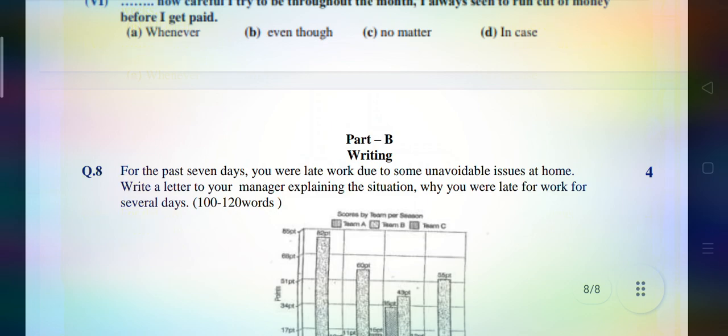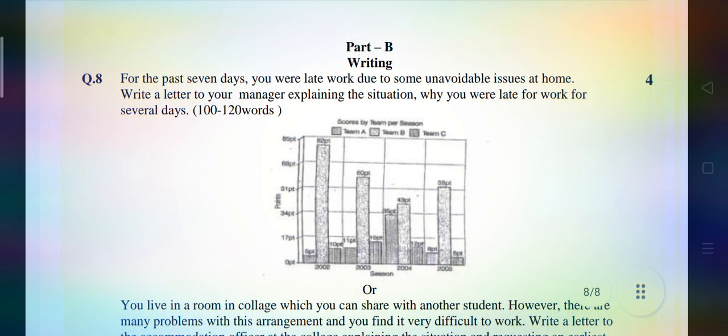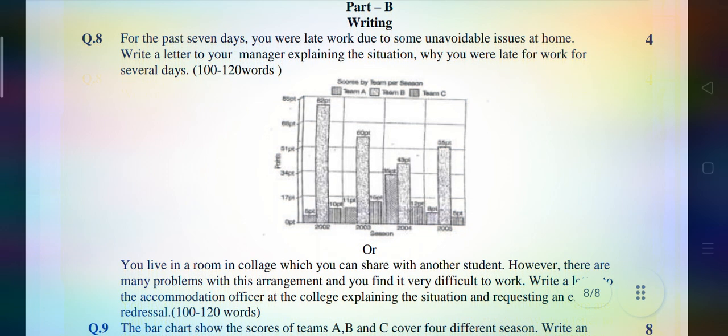Very good. Now this is the last section of your question paper, writing section, part B. For the past 7 days you were late to work due to some unavoidable issues at home. Write a letter to your manager explaining the situation, why you were late for work for several days. Okay, this is letter writing.